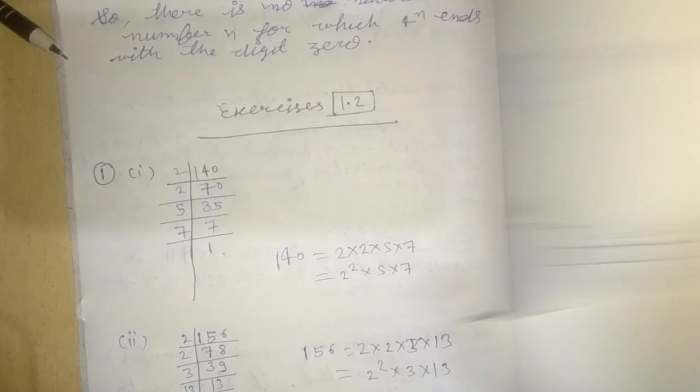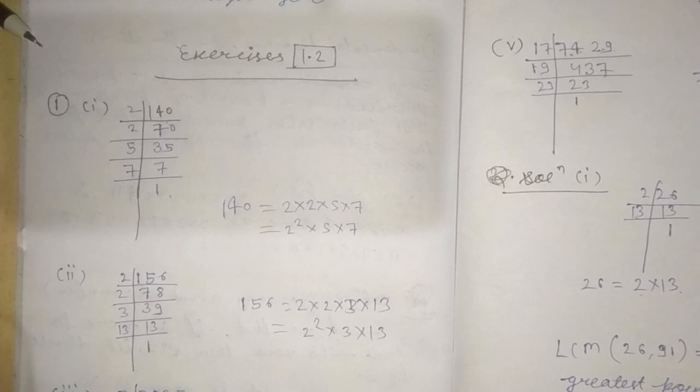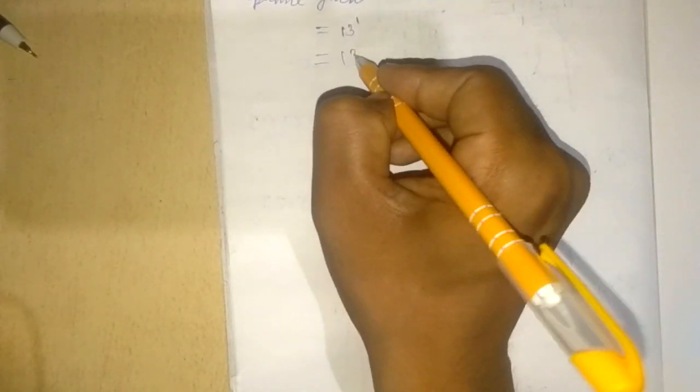So first we look at what is the common factor. We observe that the common factor is 13. So we write 13, and the smallest power of 13 is only 1. So our HCF is 13.